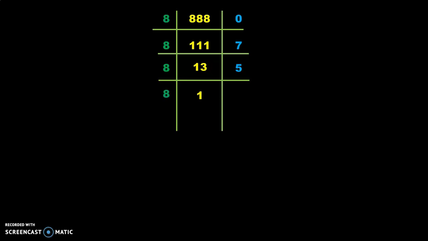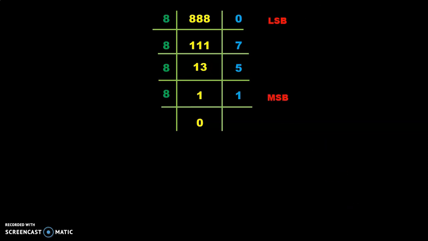Again, if we divide our quotient 1 by 8, then division may not be possible. We have to write the quotient as 0. We can terminate our process at this stage, and the last quotient, that was 1, becomes a remainder.